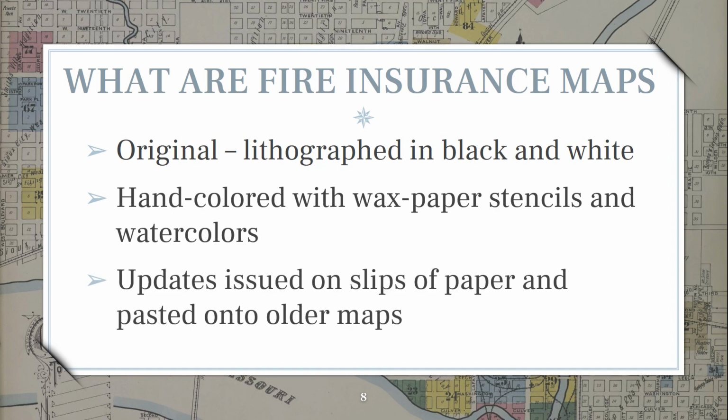As costs of producing the maps rose over the years, map corrections were issued on printed slips of paper and pasted onto the older maps. Employees called pasters or correctors would visit the subscribers' offices to paste the slips on top of the old maps. If you ever have the opportunity to view these maps in person, you may be able to see the areas where the corrections were pasted in.